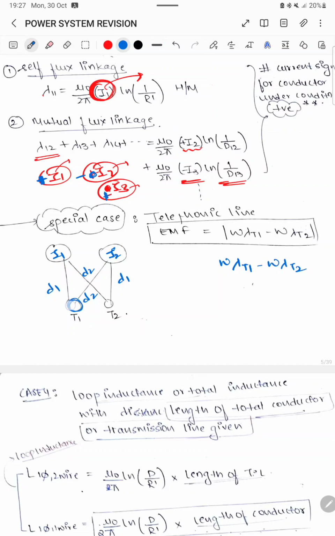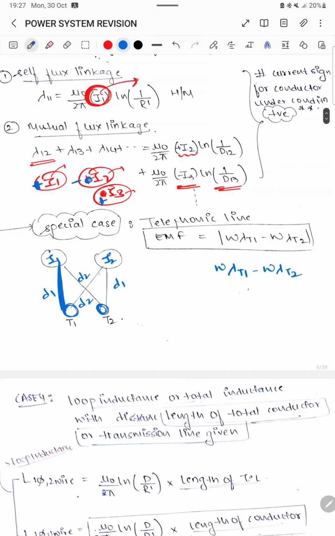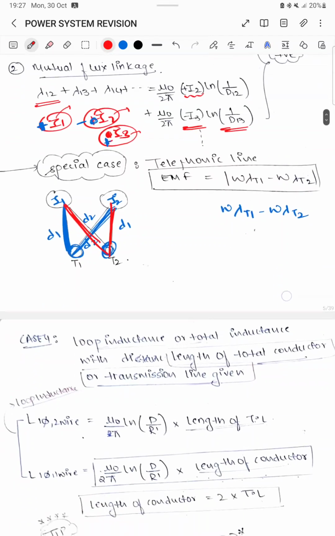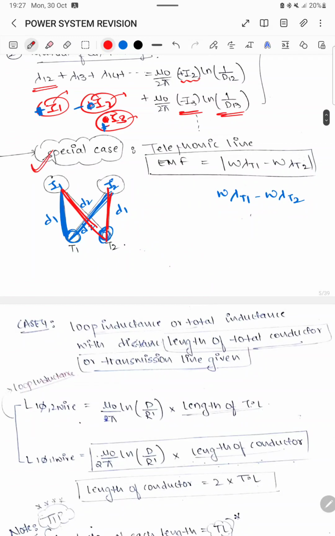Lambda T1 and lambda T2 can be easily found out. You will find the flux linkage due to I1, and the flux linkage due to I2, that would be lambda T1 and lambda T2, and omega times the modulus of lambda T1 minus lambda T2 would give us the EMF. Fine. So this is one of the special cases with respect to the flux linkage concept.